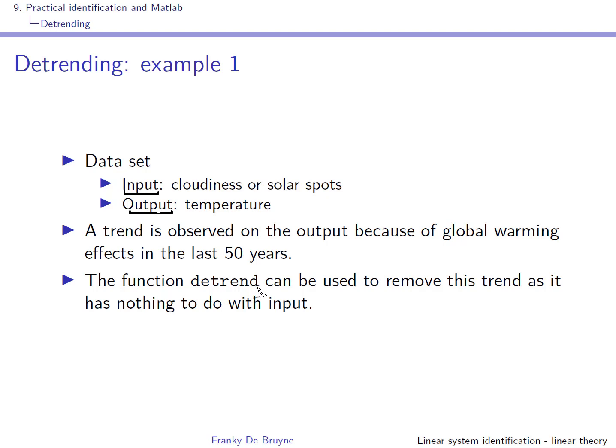So clearly here it's a good idea to use the command detrend to remove this linear trend, as it has nothing to do with the input. Of course, if you're interested in the output average temperature, what you will have to do is use your model, okay, and the output will be the variation around this linear trend, okay. So you'll have to add the linear trend at the output of the model.